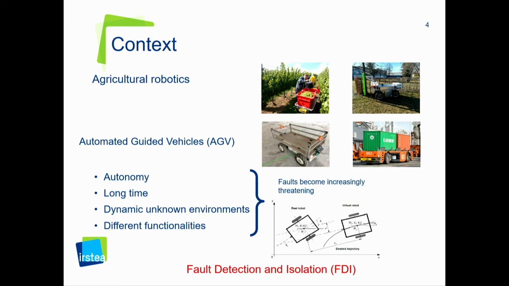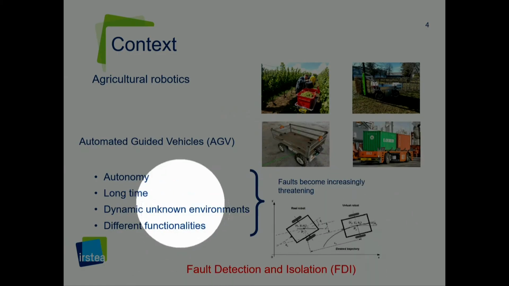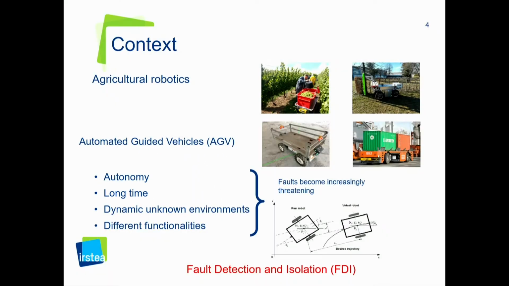Fault isolation is about knowing exactly why my robot is not in good condition. What is the fault exactly? So fault detection and isolation, FDI, is a crucial task to maintain all of these functionalities.